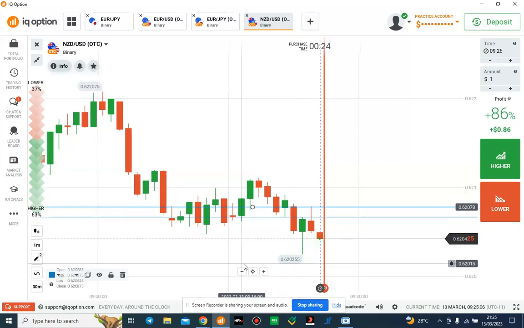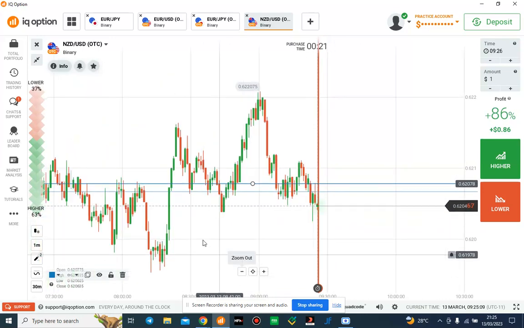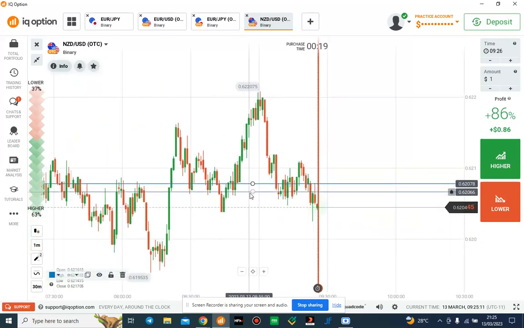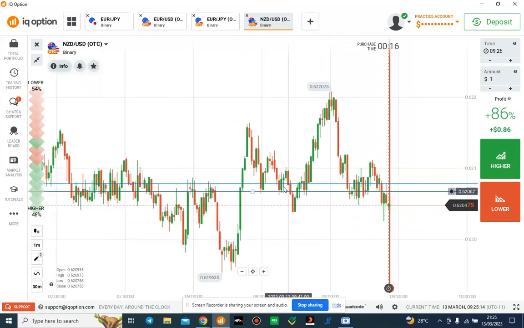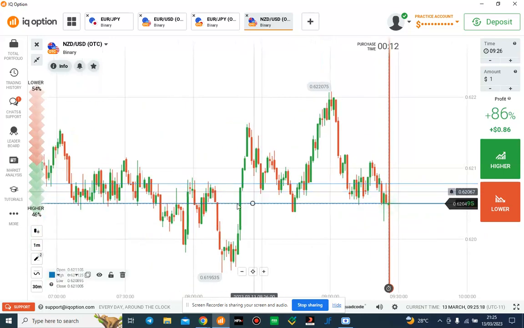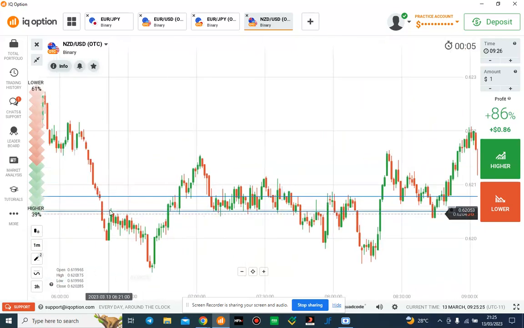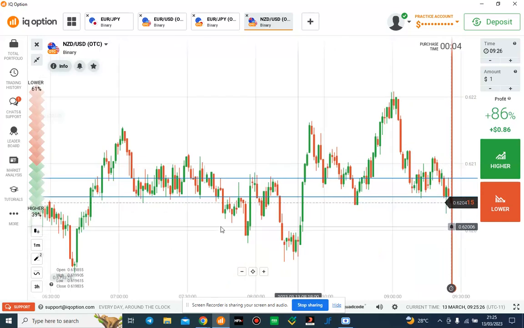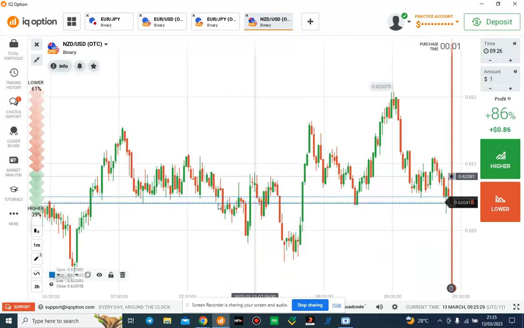Now as the market is going down, let's see how we can go to intercept the movement. So we look for SNR flipped, like support change to resistance, then resistance change to support. You can see support here change to resistance, resistance here change to support. So we are looking for a support.